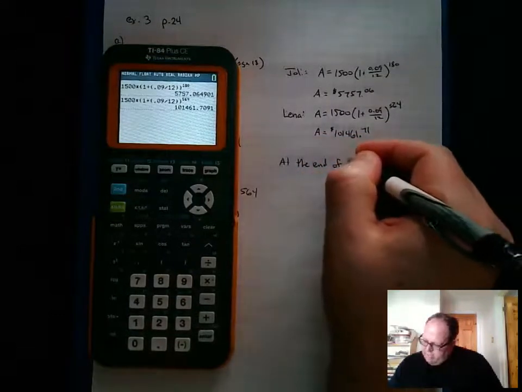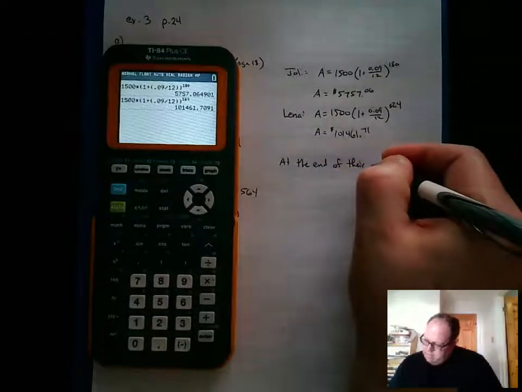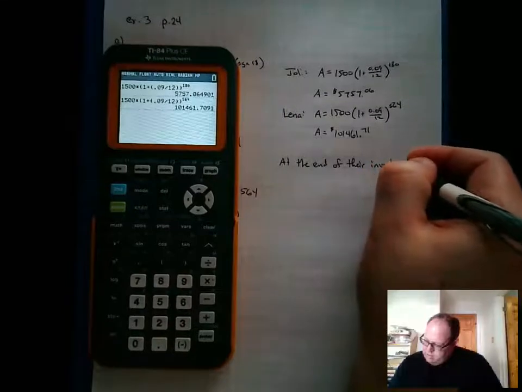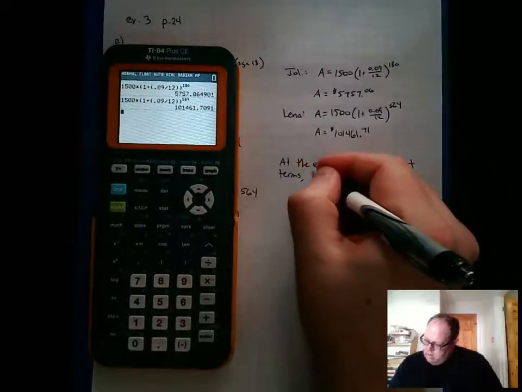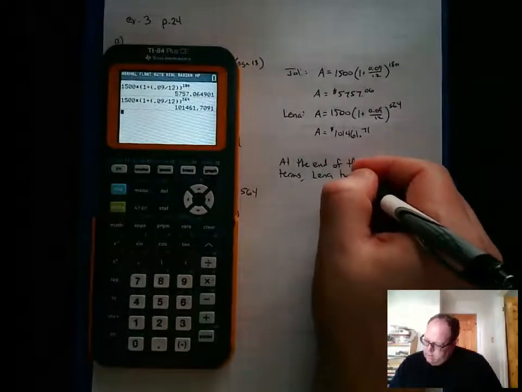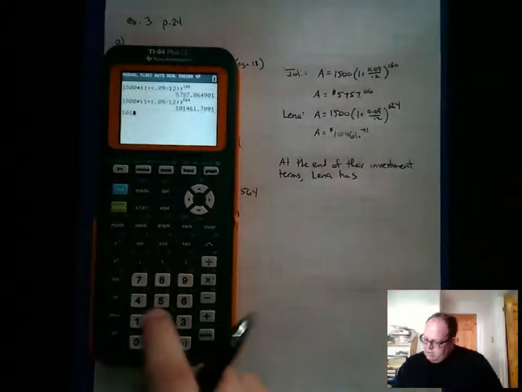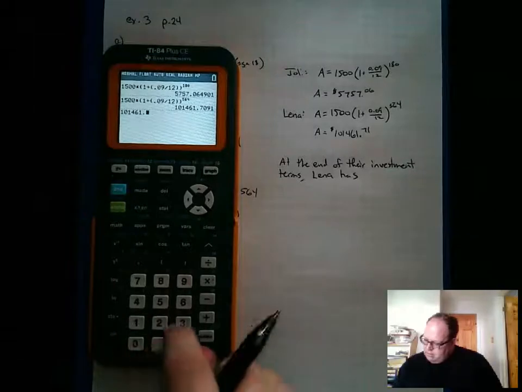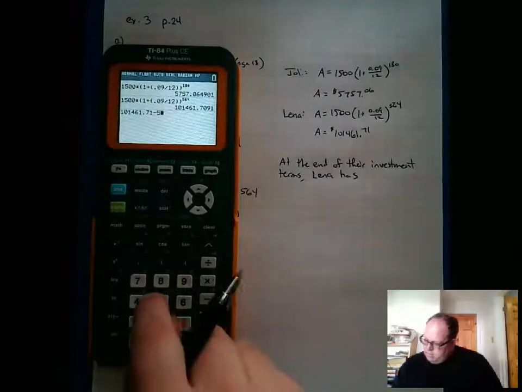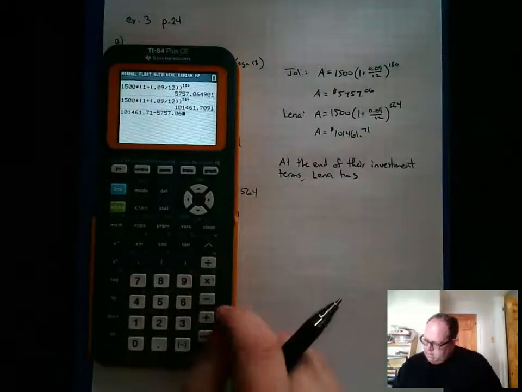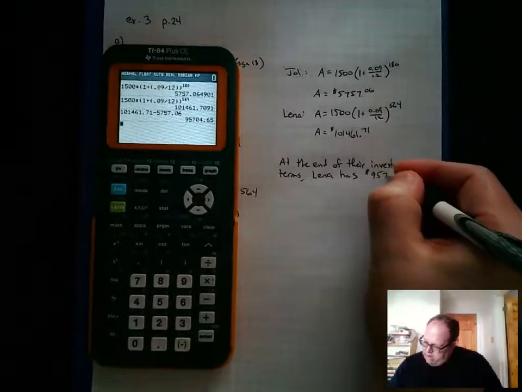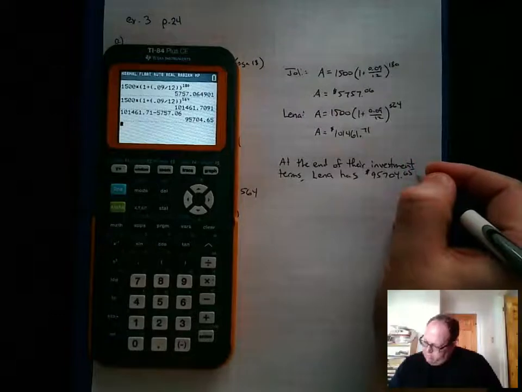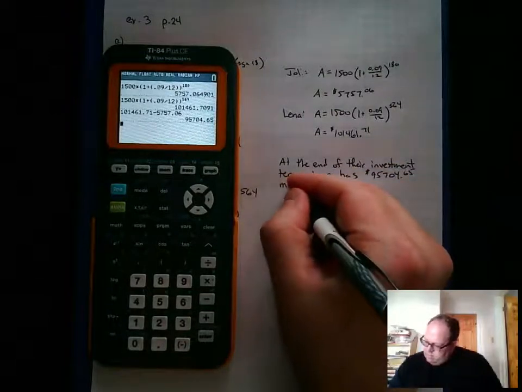At the end of their investment terms, Lena has, I just do a quick subtraction, $95,704.65 more.